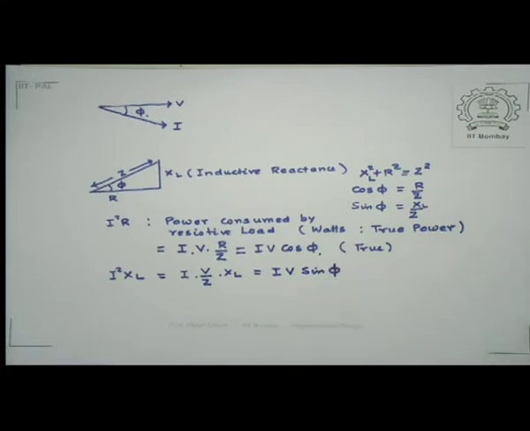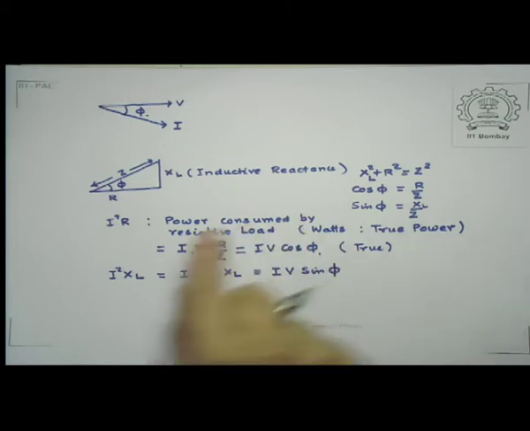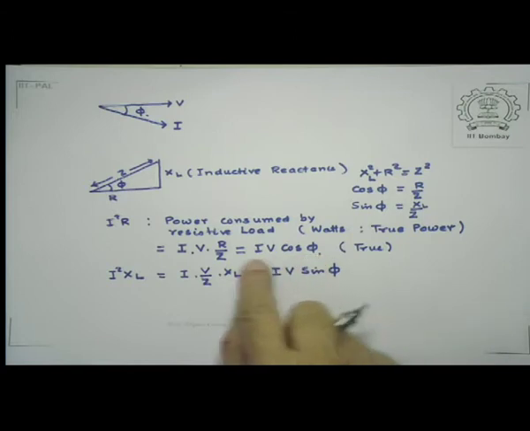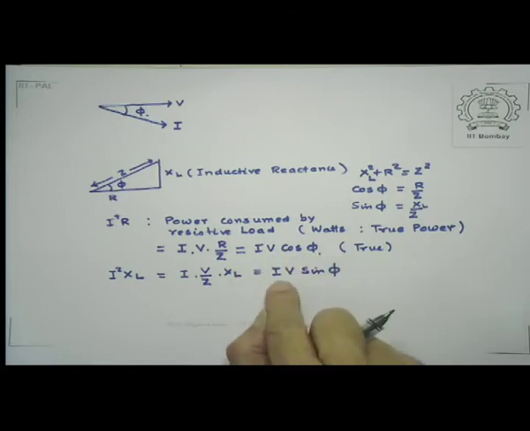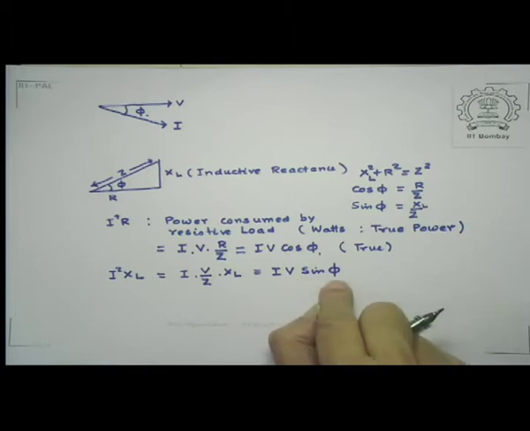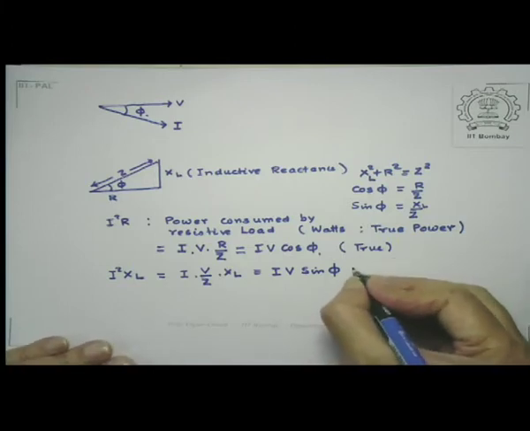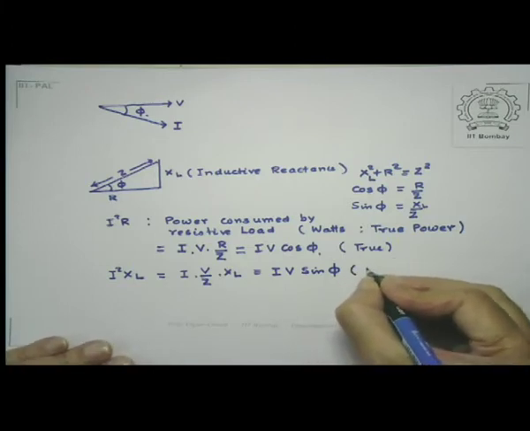So what we are doing here is to observe that if I resolve the current along a direction which is along the voltage, then that is the one which provides me with true power. But the component I sine phi, which is in a perpendicular direction, that's what gives me the reactive power, which also goes by the name of wattless power.